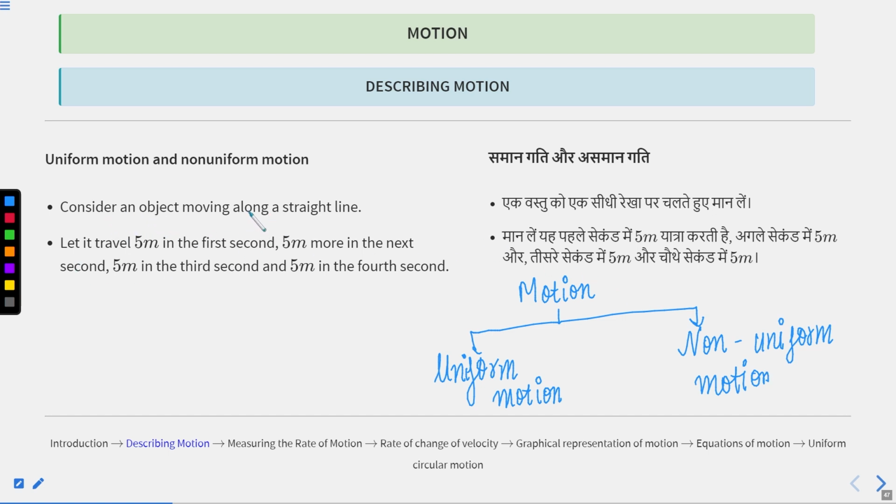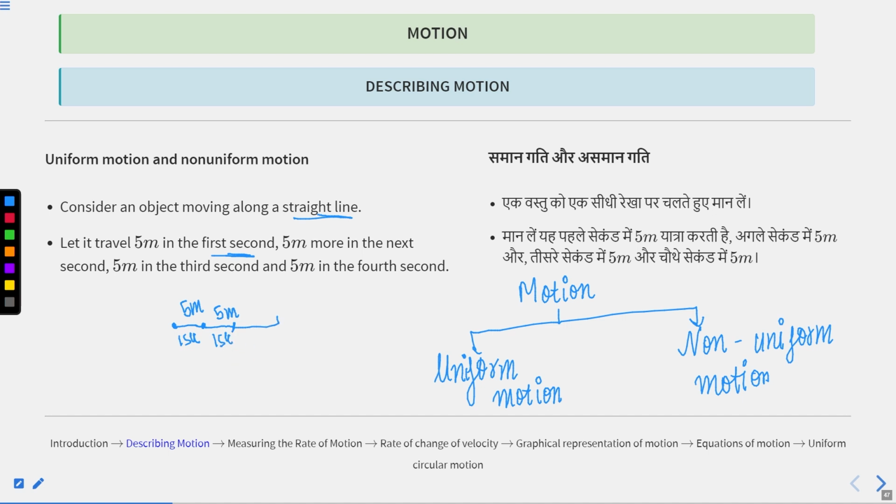Consider an object moving along a straight line. Let it travel 5 meter in the first second. In the next second, it traveled 5 meter in 1 second.